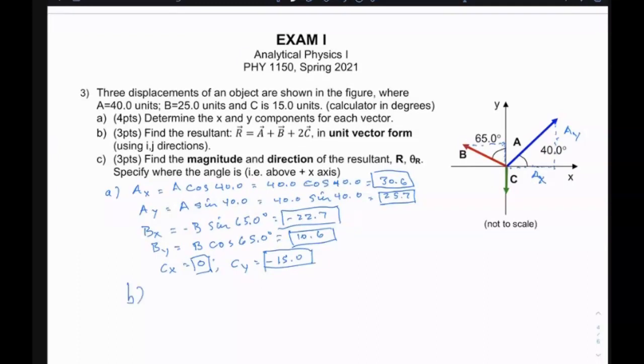Part B, we want to find the resultant vector, r, which is equal to vector A plus vector B plus 2 times vector C. So if we evaluate the x component of vector r, that's equal to the x component of vector A, which is 30.6, plus the x component of vector B, which is minus 22.7.